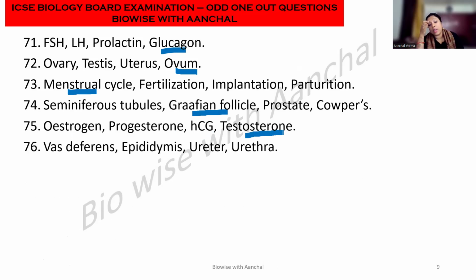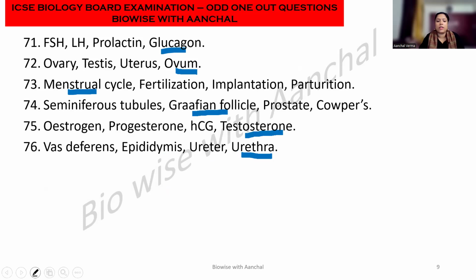Vas deferens, epididymis, ureter, and urethra. Now here, ureter and urethra. Urethra is a part of the excretory system.